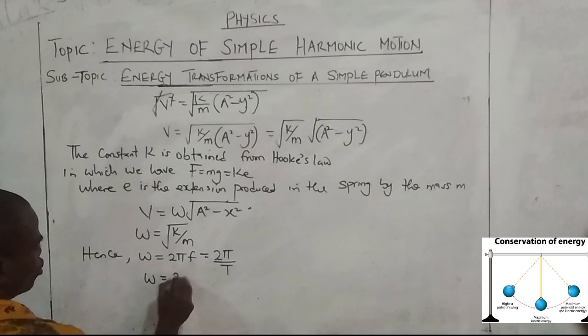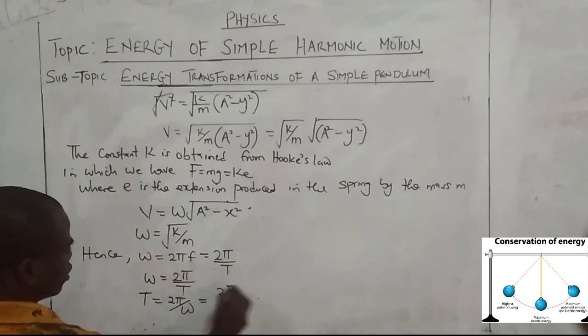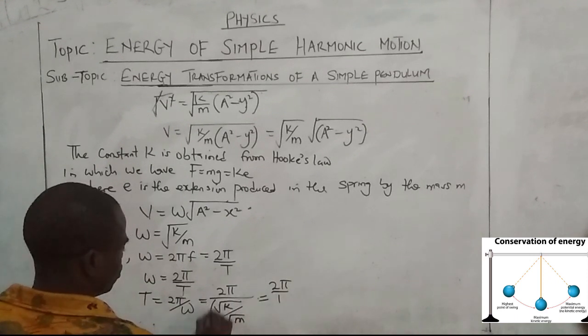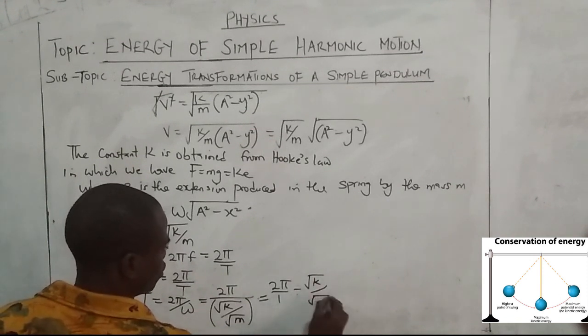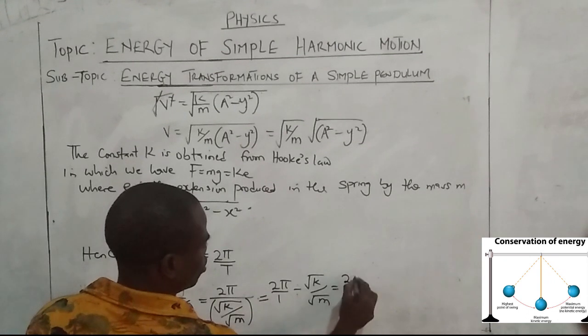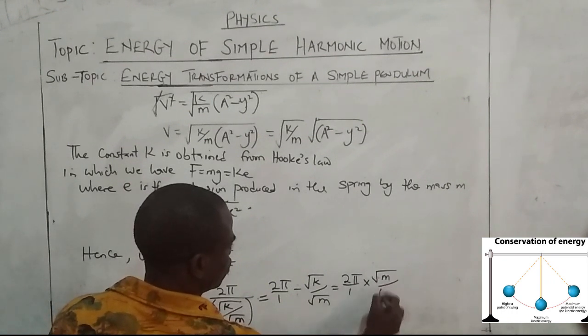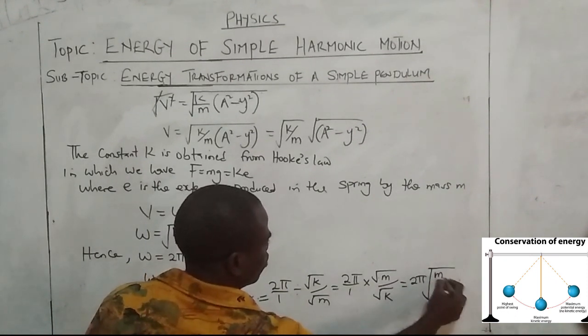When you have w equals 2 pi over T, T can be equal to 2 pi over w, which equals 2 pi over square root of k over m. This is equal to 2 pi over 1, divided by square root of k over square root of m, which equals 2 pi over 1 times, changing the notation, square root of m over square root of k, which equals 2 pi square root of m over k.